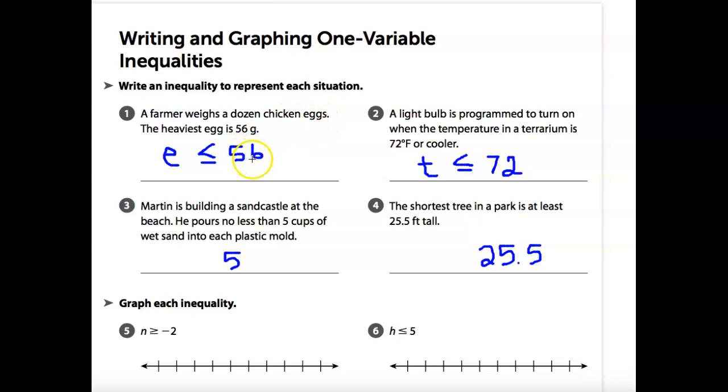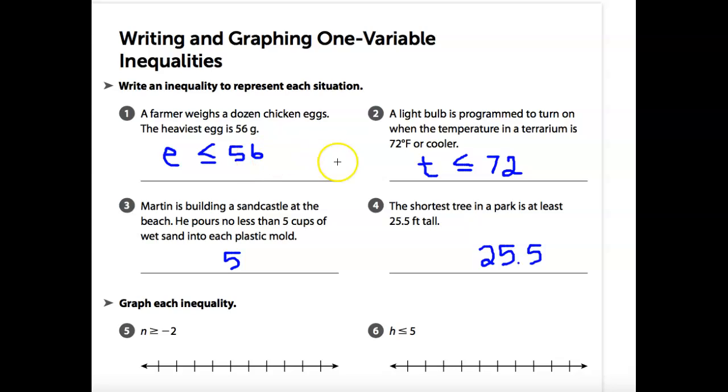So we know the heaviest is 56. So we have that, at least one is 56, maybe more. If that's the heaviest, then all the rest are either equal to 56 or less than 56. So each egg is either less than or equal to 56.